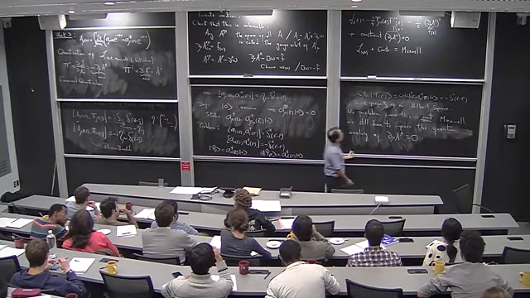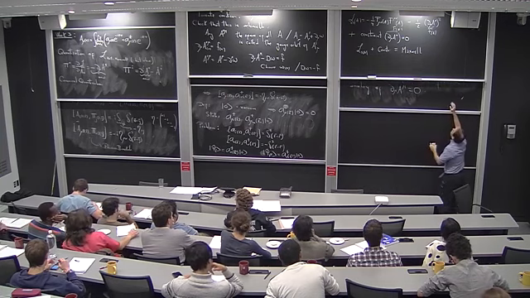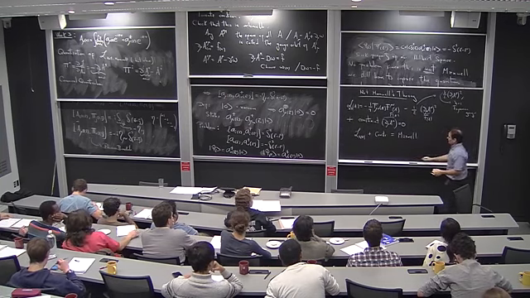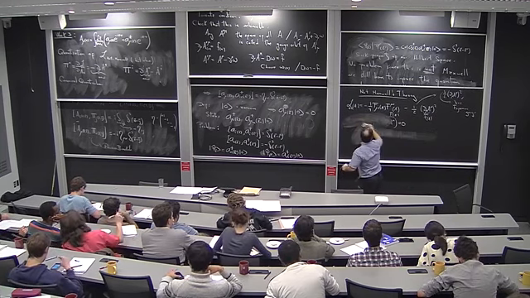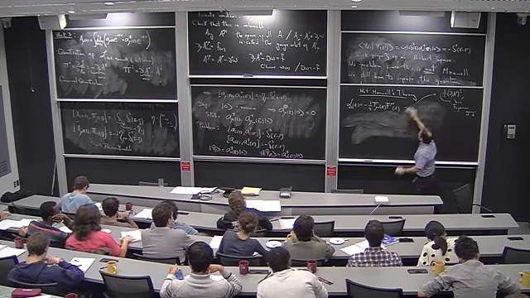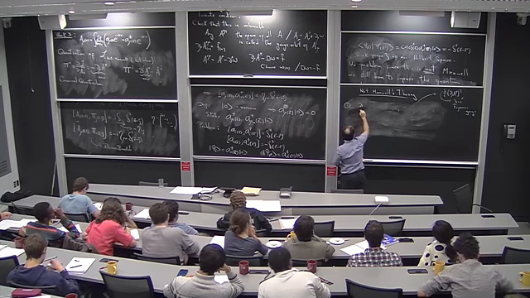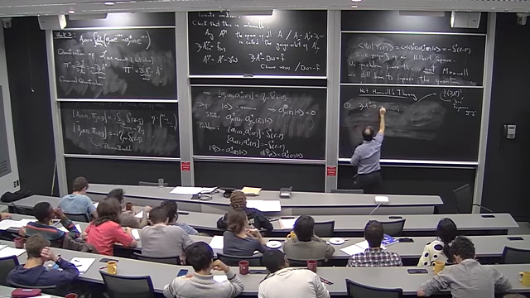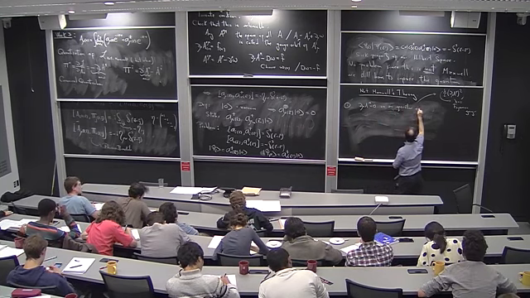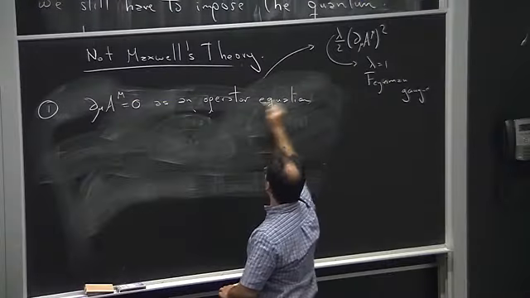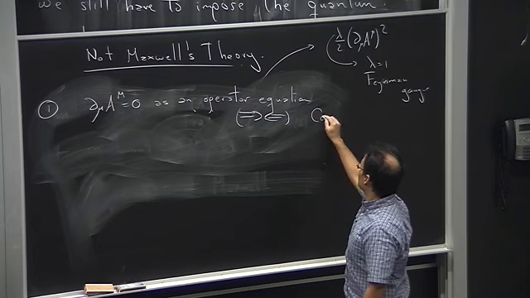So option 1, the first option, which is to impose this as an operator equation, is inconsistent with the commutation relations.